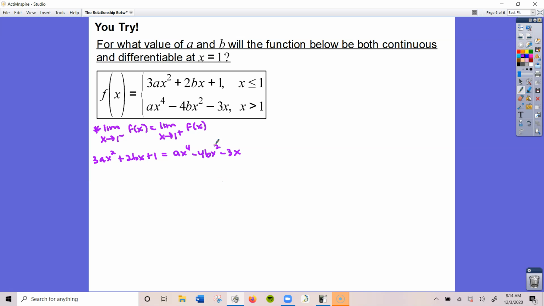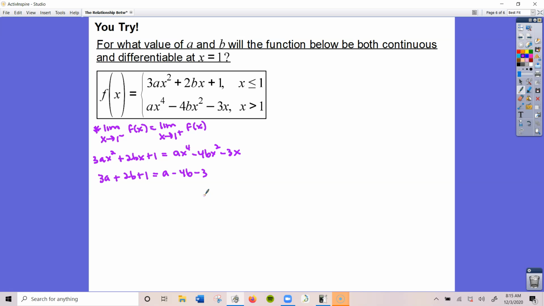Now I plug in x equals 1. When I plug in x is 1, I just end up with whatever is left over. So 3a plus 2b plus 1 is equal to a minus 4b minus 3.